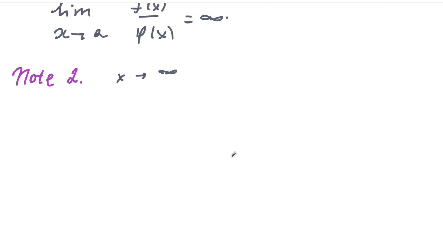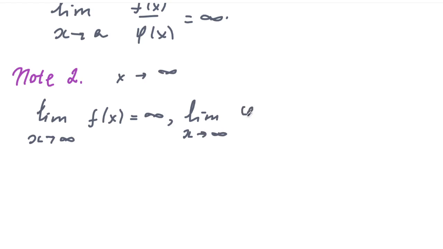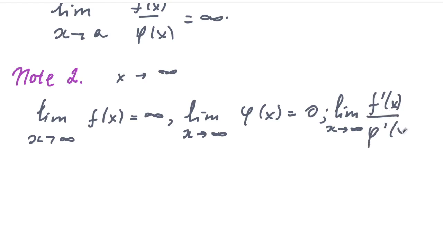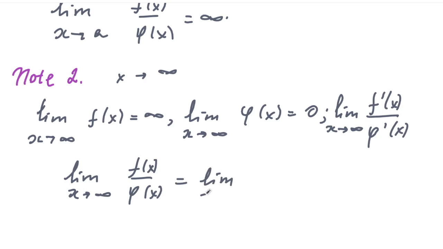If limit as x approaches infinity of f of x equals infinity and limit as x approaches infinity of phi of x equals infinity and limit as x approaches infinity of f prime of x over phi prime of x exists, then limit as x approaches infinity of f of x over phi of x will be equal to limit as x approaches infinity of f prime of x over phi prime of x, the expression 8.